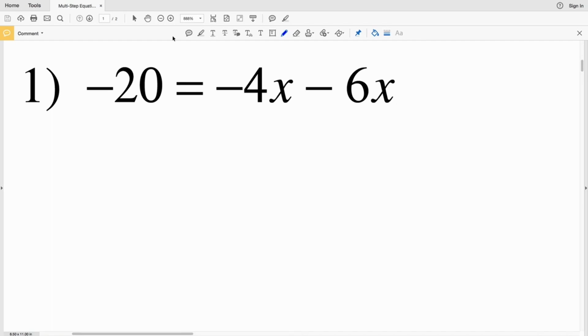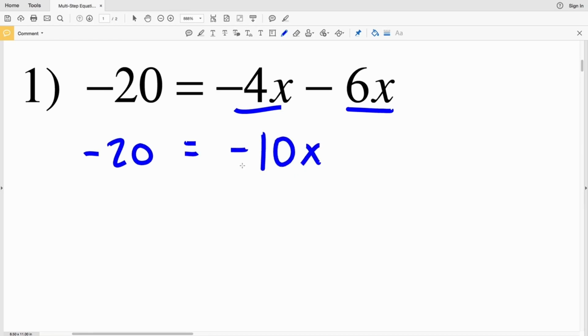For number 1, we have negative 20 equals negative 4x minus 6x. We're going to start by combining like terms. Negative 4x minus 6x goes further into the negatives, so this is negative 20 equal to negative 10x.